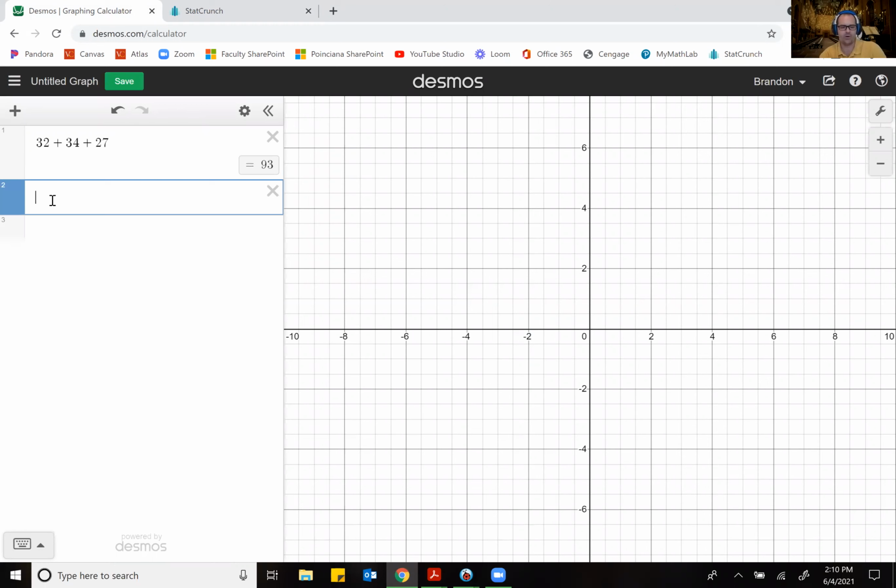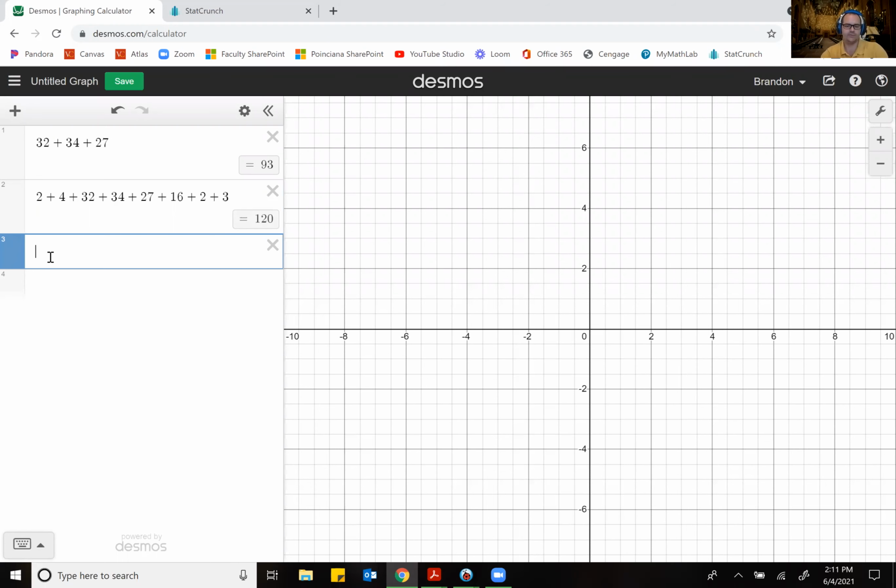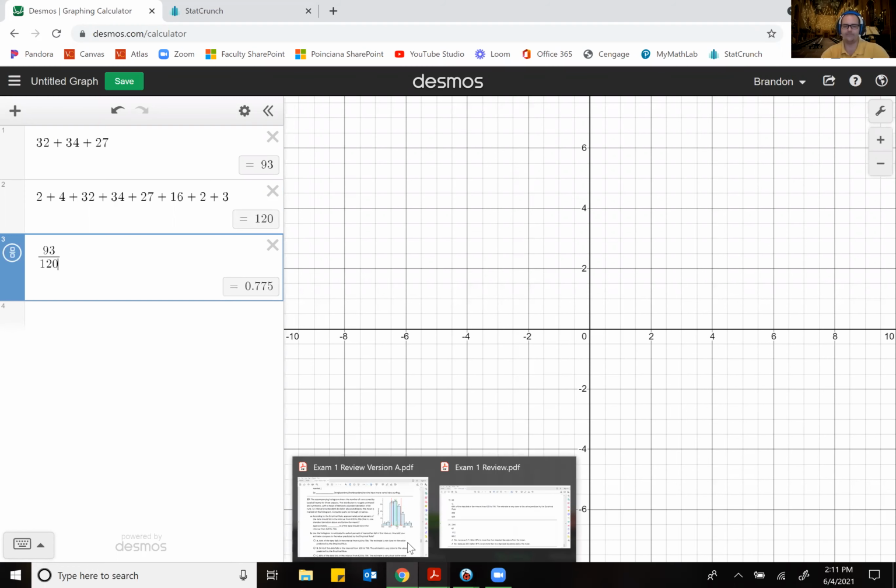And then I added up all the numbers at the tops of the bars, plus 16 plus 2 plus 3. There's the 120. So take 93 divided by 120. There's my percentage. Basically about 78%.